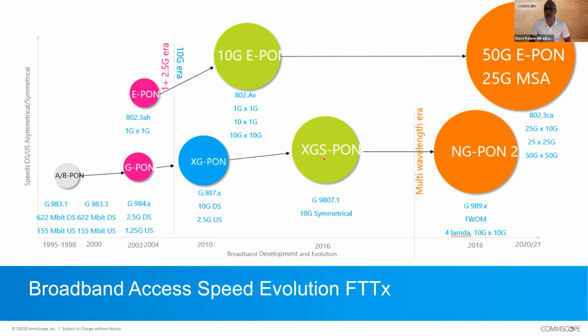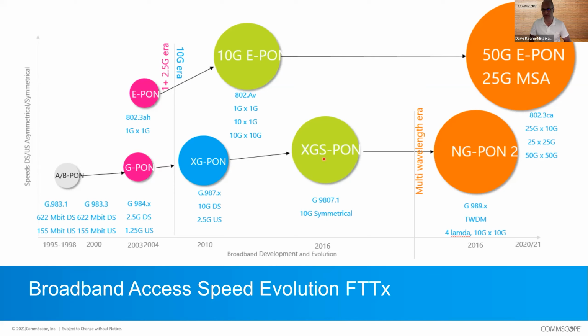And then moving forward, well, I think the jury's still out a little bit because there's a lot of activity around 50 gig in both the IEEE and ITU-T space. But what we know now is around multi-wavelength technology. NG-PON2 is 4 lambdas delivering in excess of 40 gig to provide higher speeds.